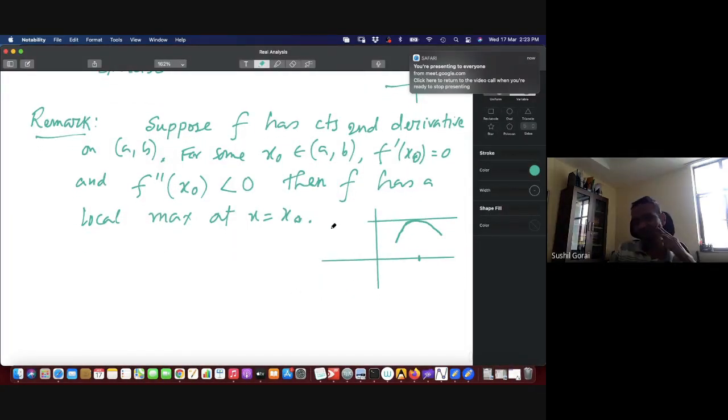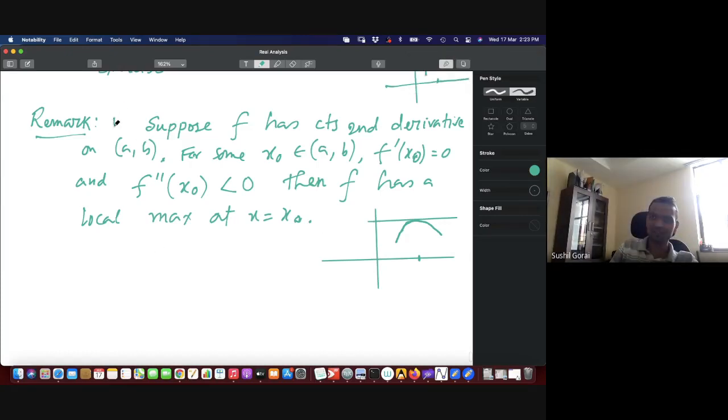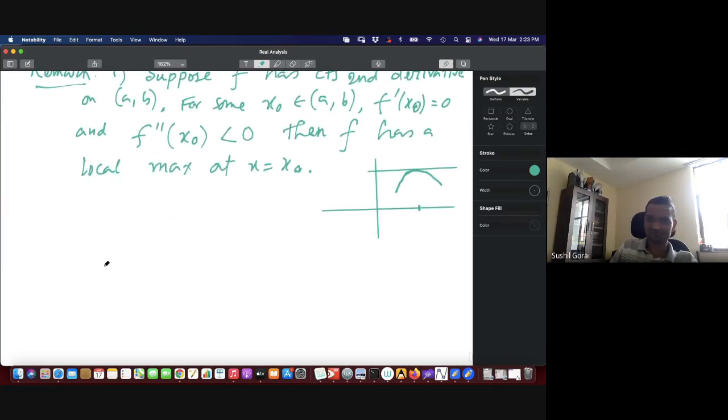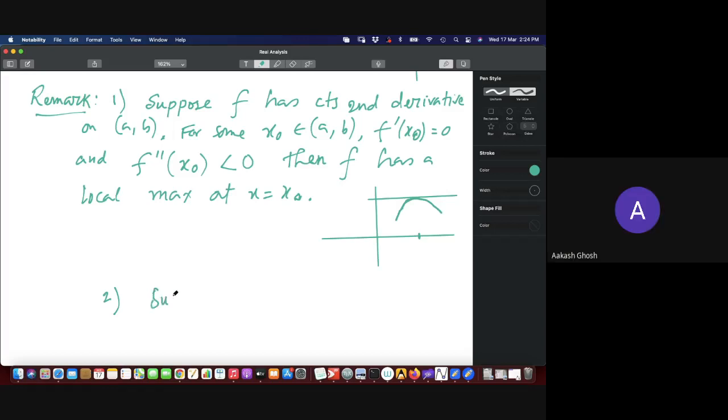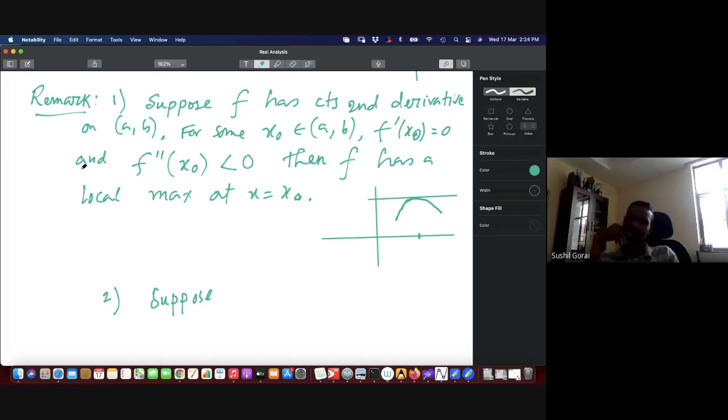Yeah, is this clear? So similarly, remark 2. Excuse me, sir, why do we need the continuity of the second derivative? Why is just f double prime of x less than 0 in the range not enough? Yeah, in this case you are right.